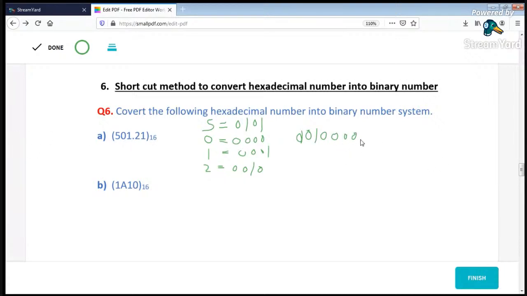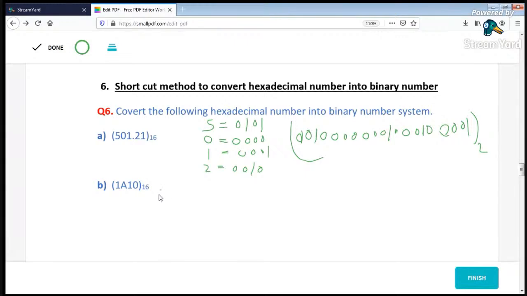For this 1, 0001, then the point, then for 2, 0010, then 0, and last for 1, 0001. So this is the final answer in the hexa to binary conversion.